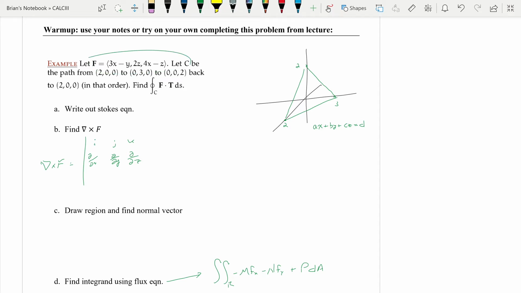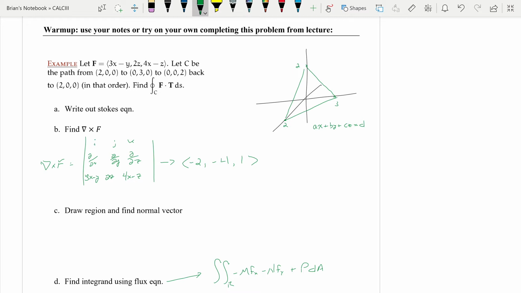So it's 3x minus y, and then 2z, and then 4x minus z. Once we've got that, we just compute that cross product, and it's -2, -4, and 1, if you did that out correctly. And if you did, I applaud you.